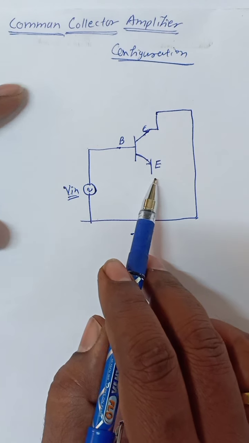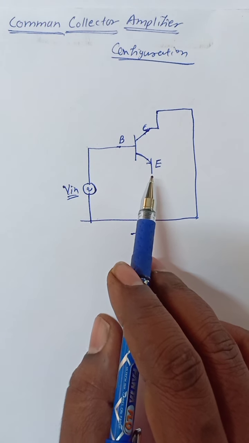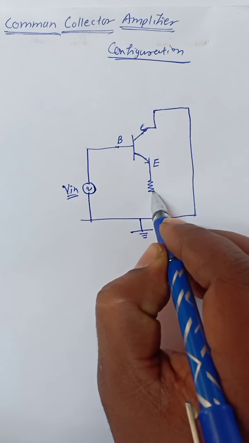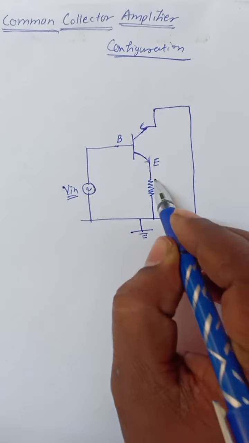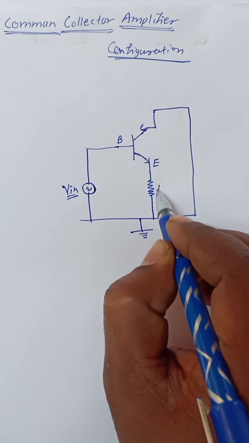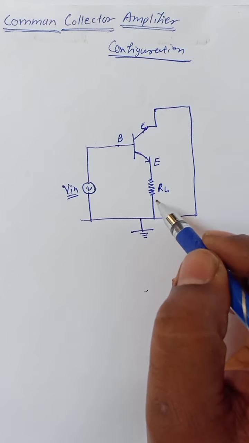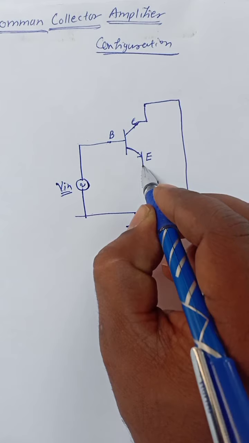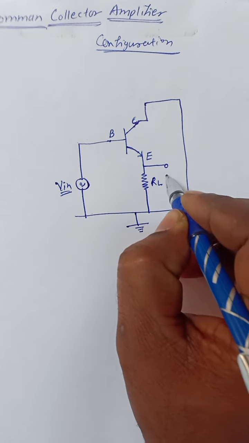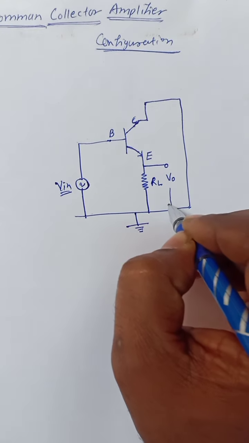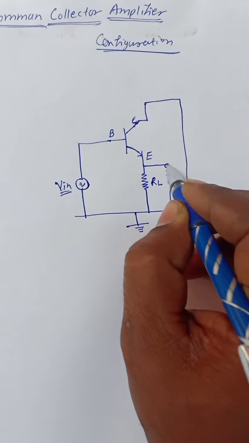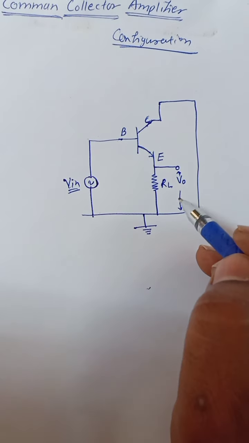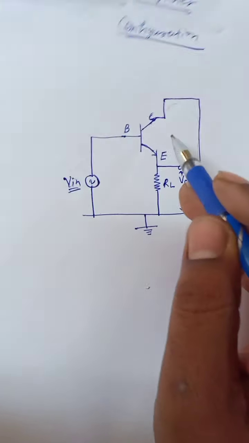So emitter is the next terminal, and we are going to observe the output voltage between the emitter and collector by connecting a load resistance RL. So output voltage is observed between emitter and collector.